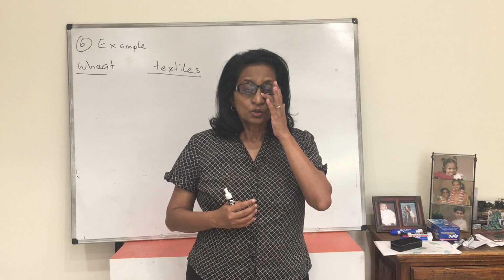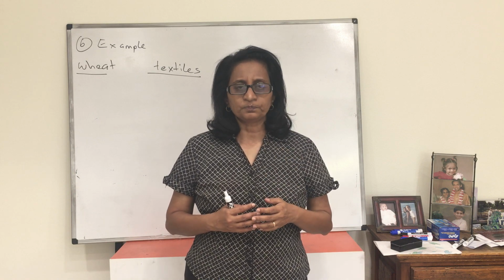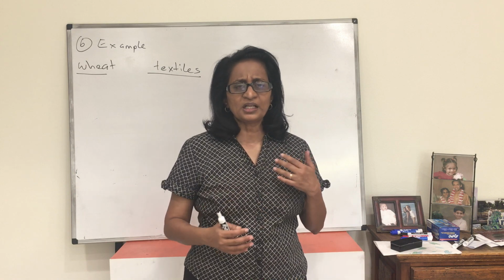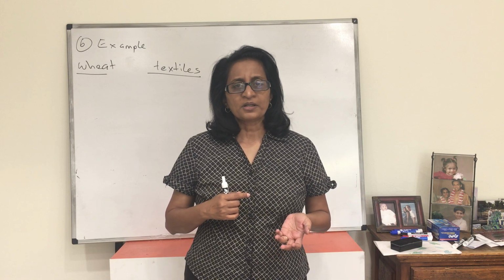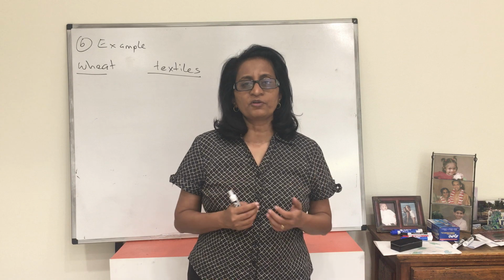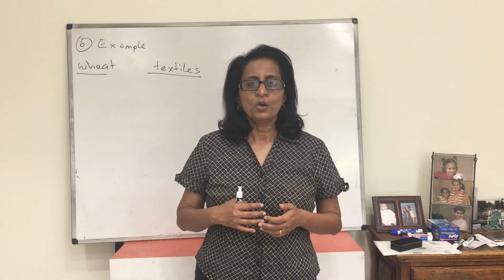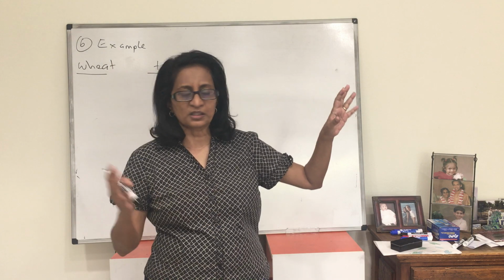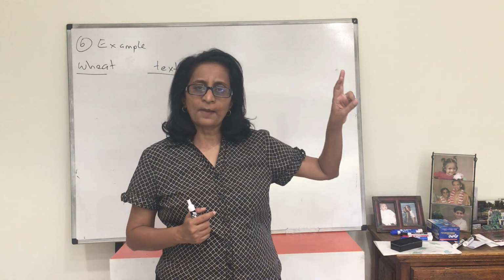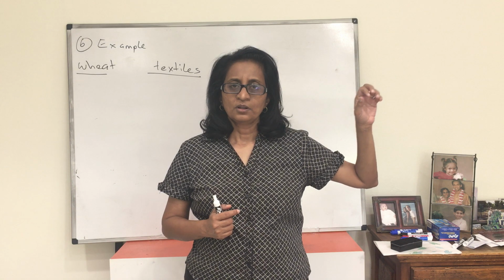Okay? So now we want to figure out how much textiles and wheat we can produce. And remember, since we're using up all of the resources, this is a table where you're using up all of the available resources you have at this moment in time: labor, capital, land, entrepreneurship.